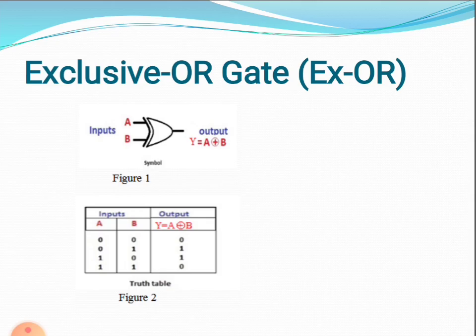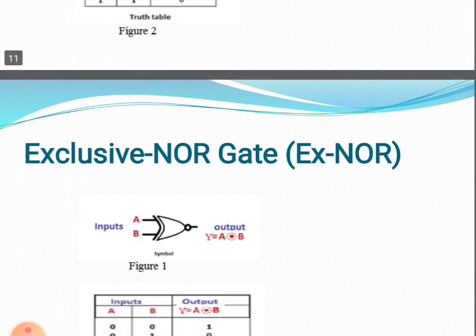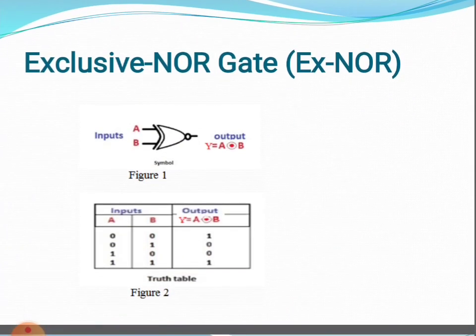Let us see the next gate, exclusive NOR gate, that means XNOR gate. Figure 1 shows the truth table for a XNOR gate.